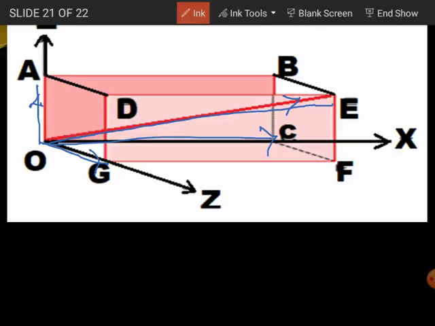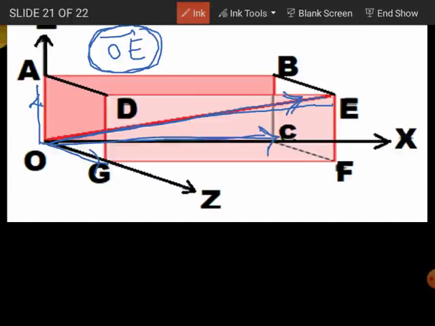I'm telling you again, if a vector is given, and with that given vector you construct a cuboid whose body diagonal is the given vector, then the length of that cuboid will give you one component, the breadth will give you another component, and the height will give you the other component, either along the x-axis, y-axis or z-axis.